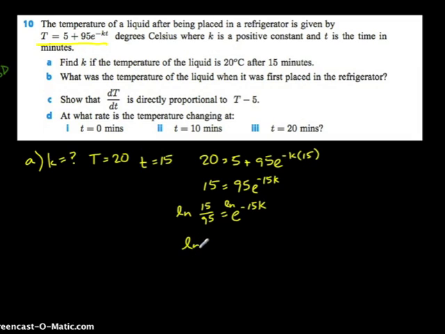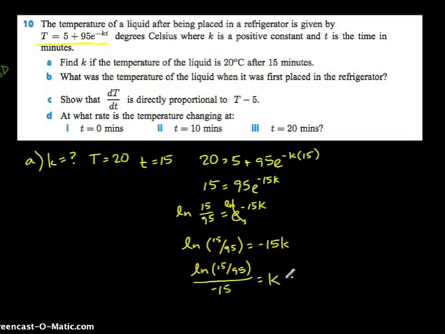So now I have ln of 15 over 95 equals, again, ln and e cancel out, so then I've got negative 15k. And for our final step, to solve for k, we divide both sides by negative 15. So I have ln of 15 over 95, and then all of that is over negative 15.